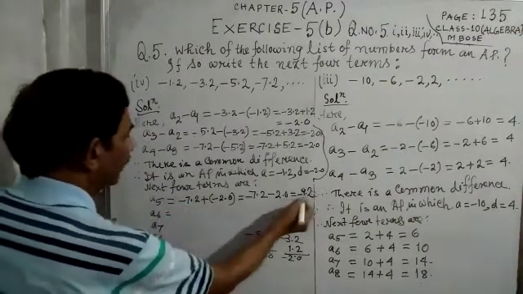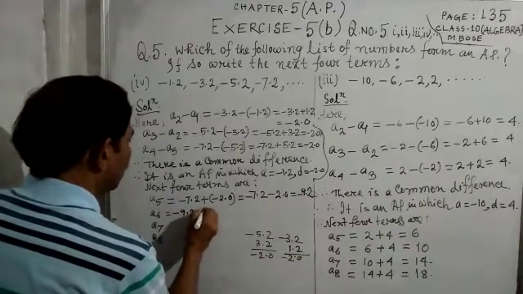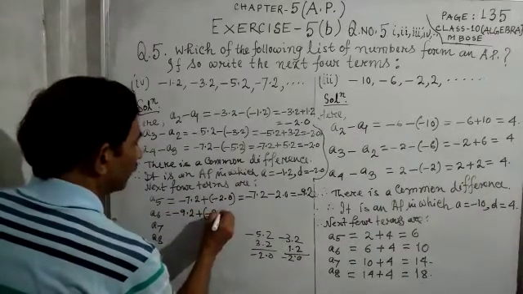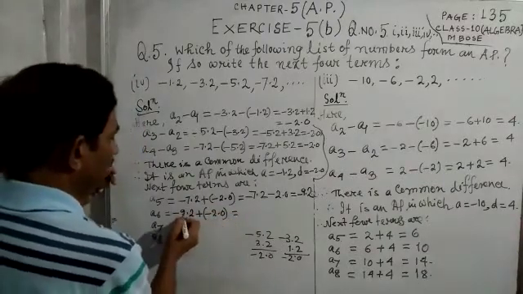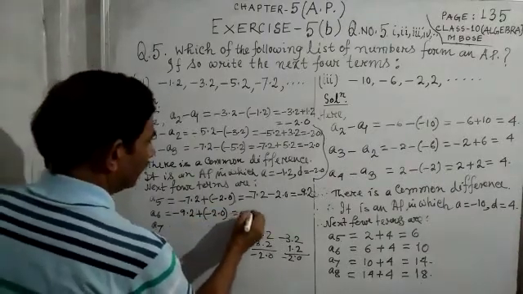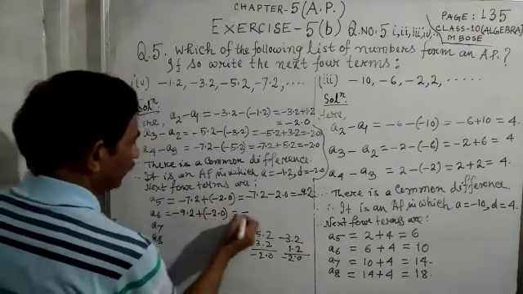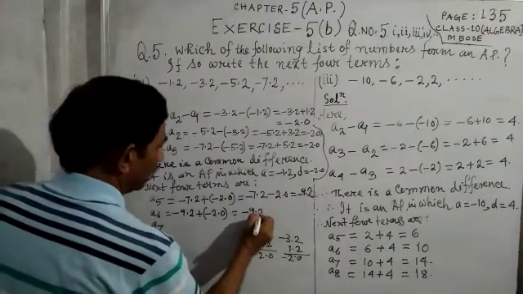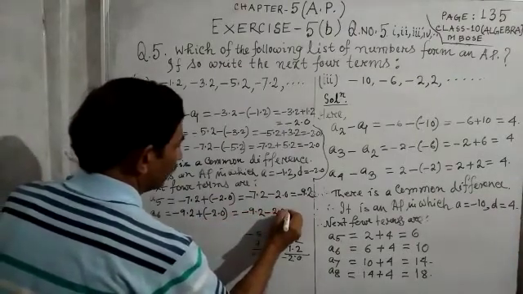What is A5? Minus 9.2, plus D value minus 2.0. If we add it, it will be minus 9 minus 2, so plus into minus is minus 2.0.